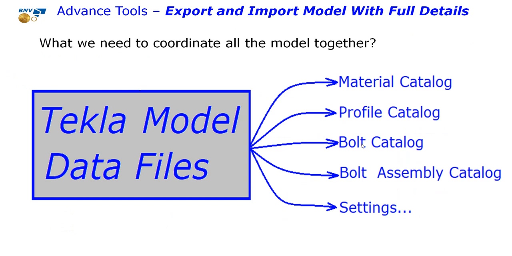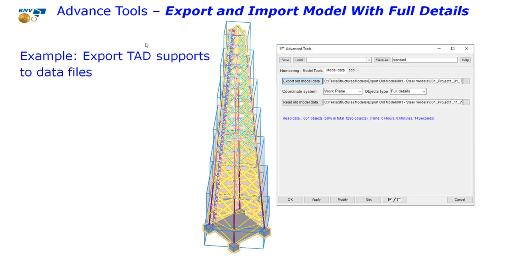So what we need to coordinate all the models together: we must correct the material catalog, profile catalog, bolt catalog, bolt assembly catalog, and other settings that are unique for your project. All the models must have the same catalog and settings to get the same result when you import or transfer the model. For example, you export TD1 support to a data file, you select the structure, which can be assembly, beam, or component, and you click export model to data file.